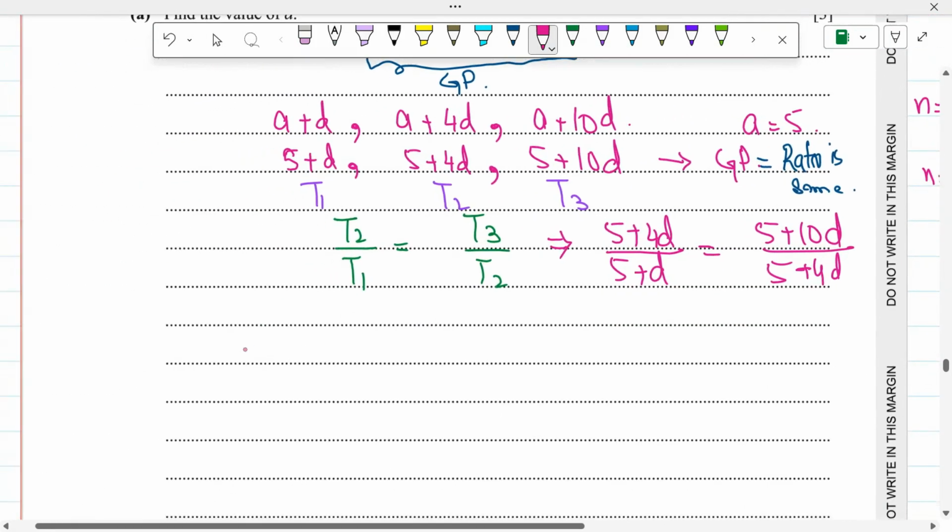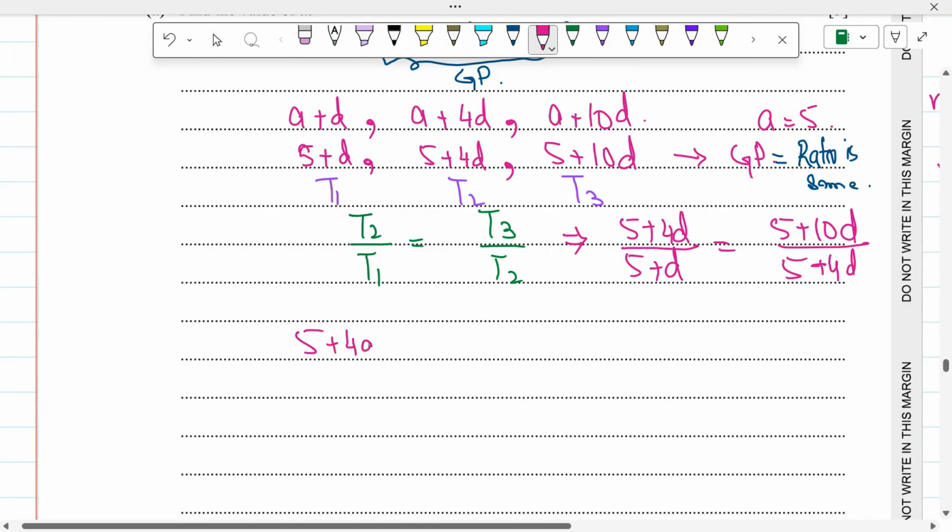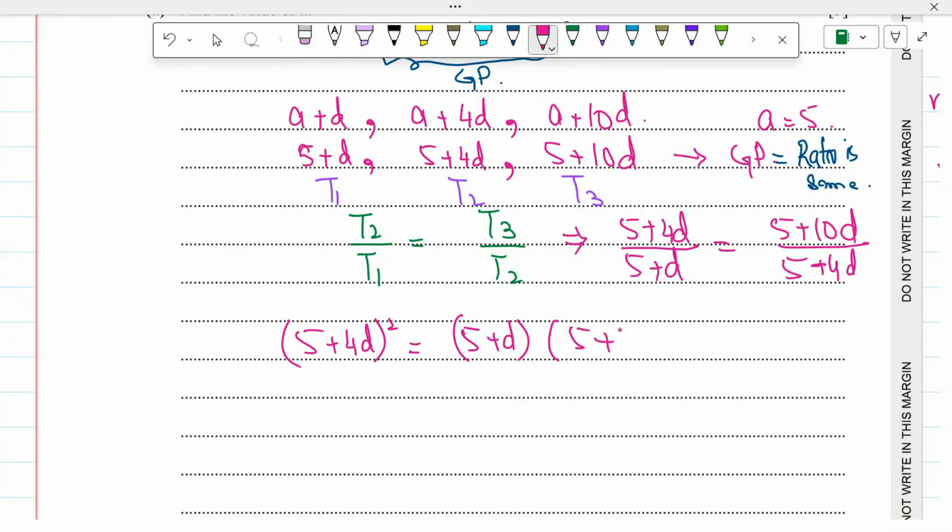By cross multiplying we will have (5 plus 4d) whole squared equals (5 plus d) times (5 plus 10d).